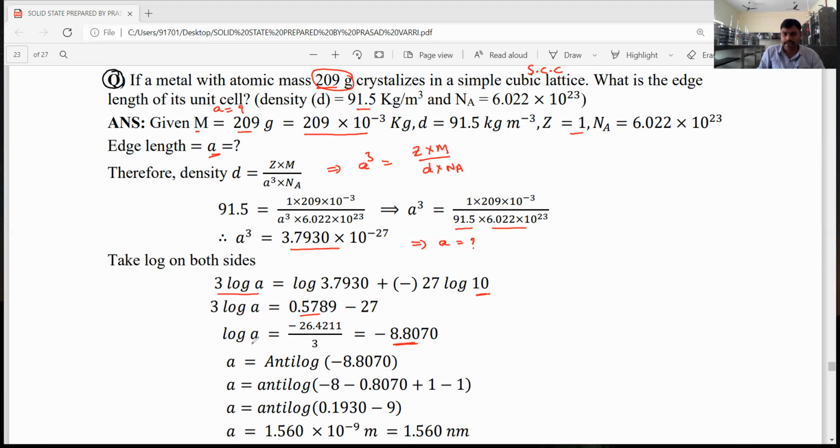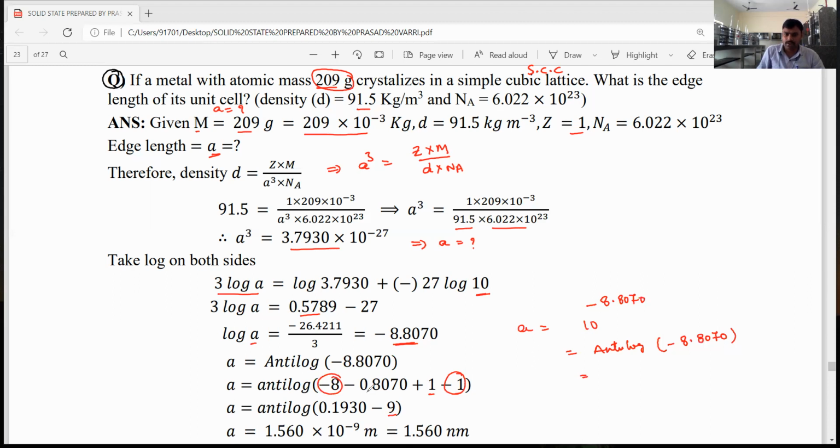So a is equal to 10 to the power of minus 8.8070, which is the anti-logarithm of minus 8.8070. For simplification, I am adding plus 1 and minus 1, so minus 8 minus 0.8070, this minus 1 and this minus 8 becomes minus 9.